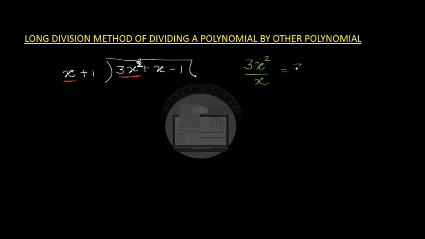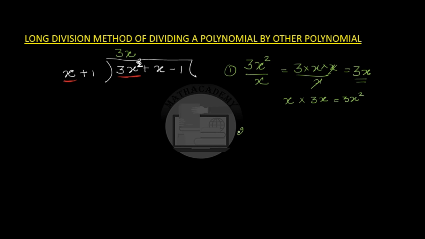So 3x square over x gives us 3x. This means that x, the first term of the divisor, has to go 3x times to give us 3x square. So this 3x will be the first term of our quotient. So we write 3x here. Okay, this is step 1.